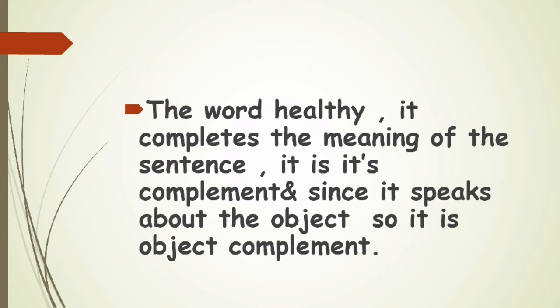The word healthy completes the meaning of the sentence, and it is the complement of the object one. Since it is describing the object, that's why it will be an object complement. Subject complements describe subjects, object complements describe objects.